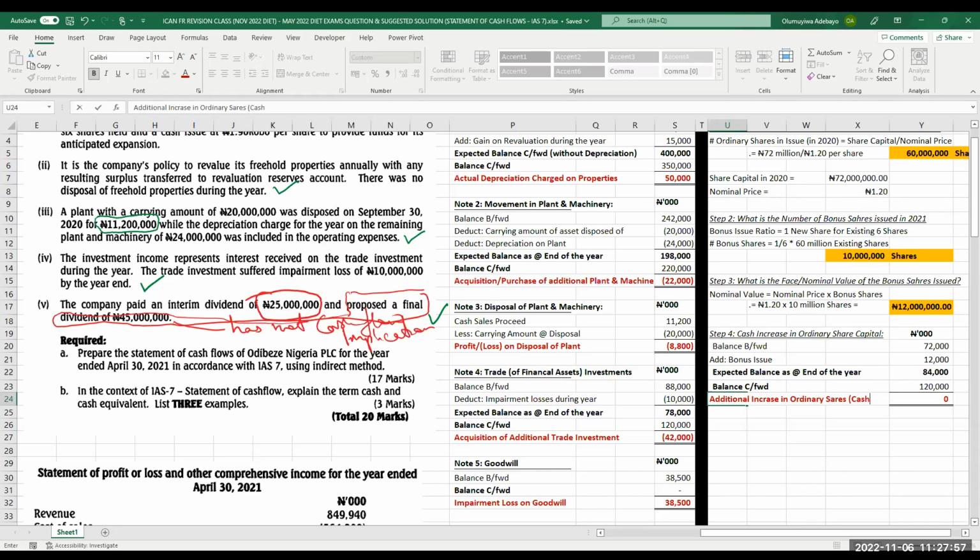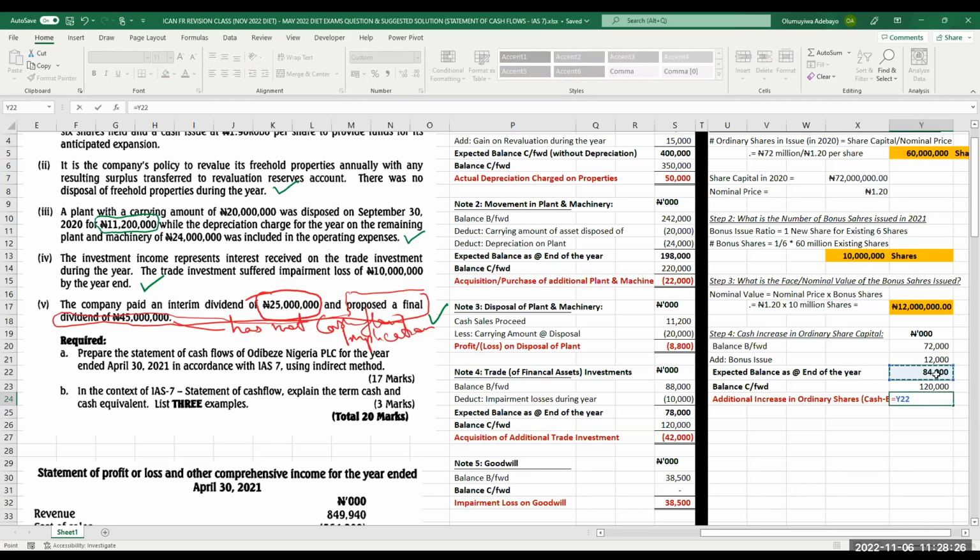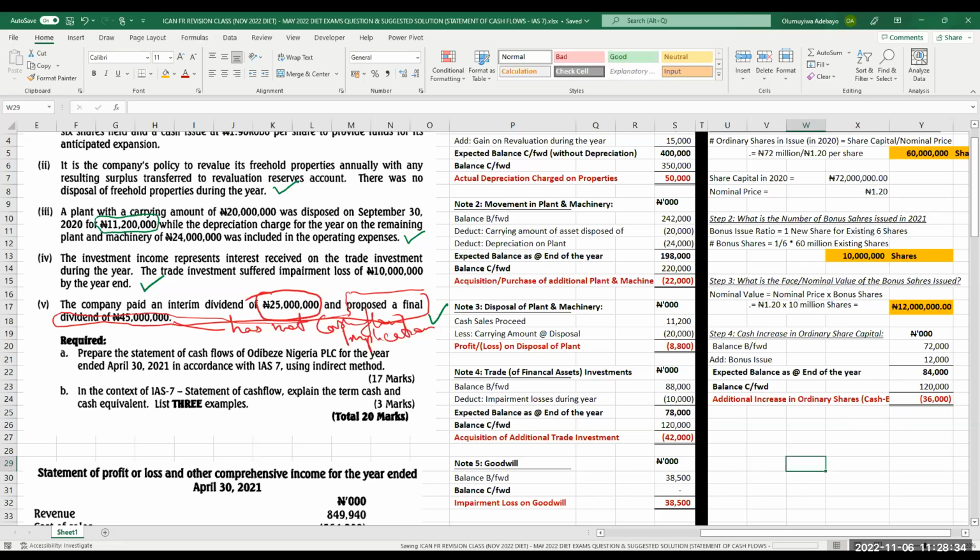I'll call it cash, which means this one was issued with cash, not bonus issue, not a mere capitalization of profits. Therefore, what's the difference? The difference is 120 minus 84. And that gave me 36.